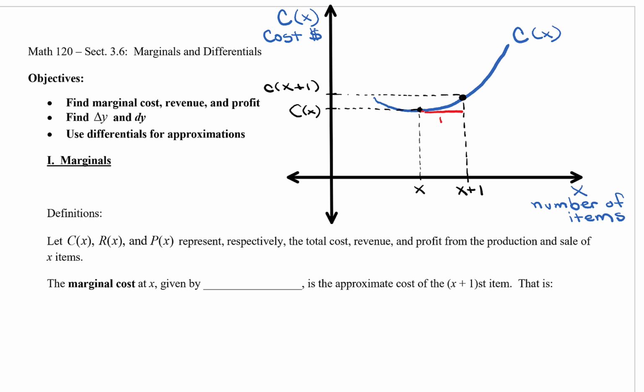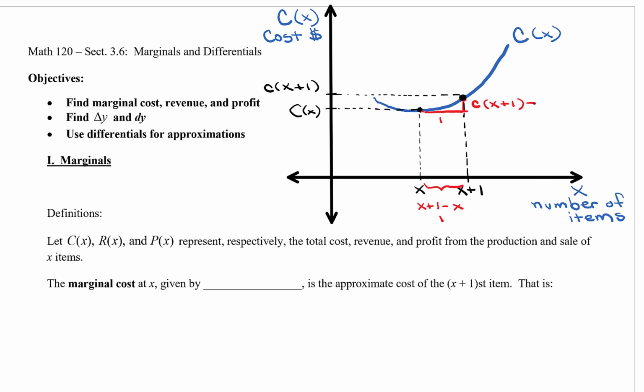If I add 1 unit to x, that gives me x plus 1. If I subtract them, x plus 1 take away x, that gives me a unit of 1. So it's 1 unit of distance separating those two x coordinates.